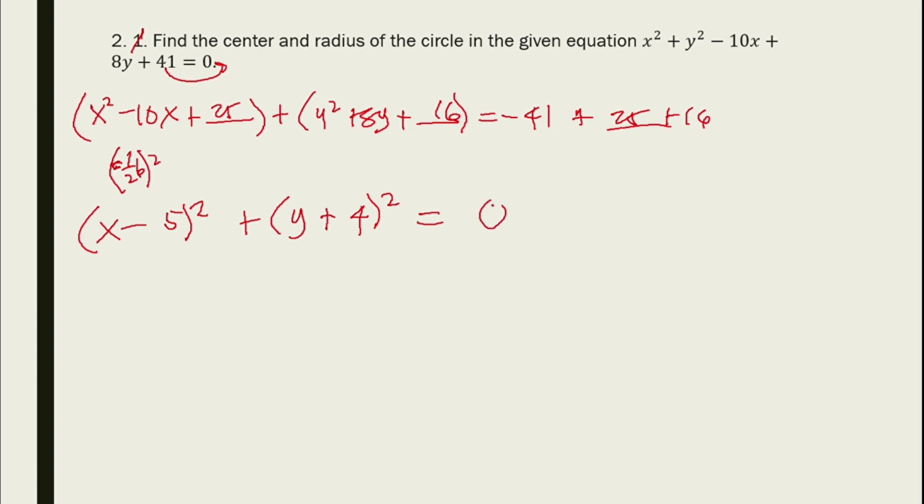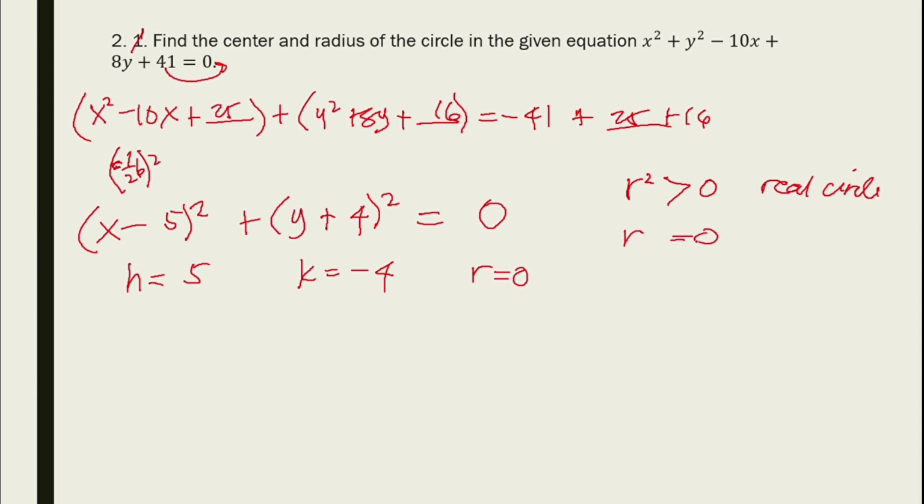So take note, our h is equal to 5, k is equal to negative 4, and r is equal to 0. Take note of this. When r squared is greater than 0, this is what we call a real circle. When r is equal to 0, that is a point circle or single point.